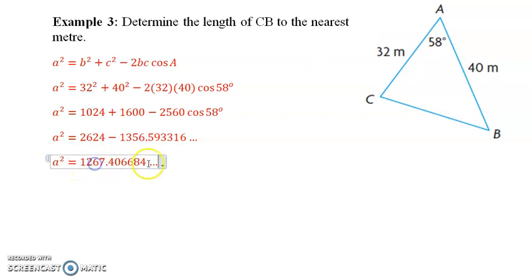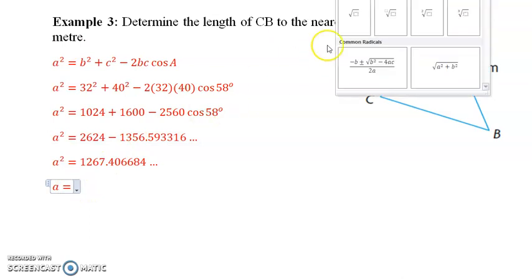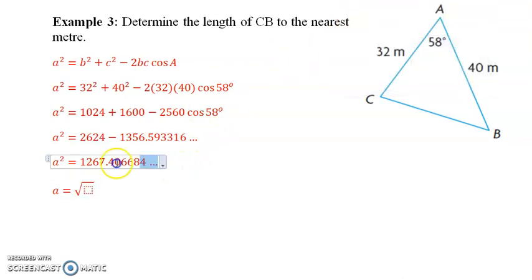I'm going to take the square root of both sides. I get A equal to the square root of that. And I do it on my calculator.